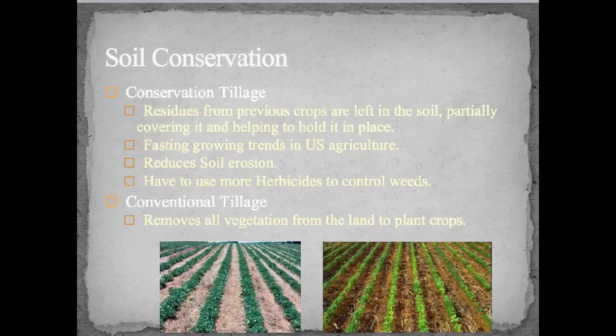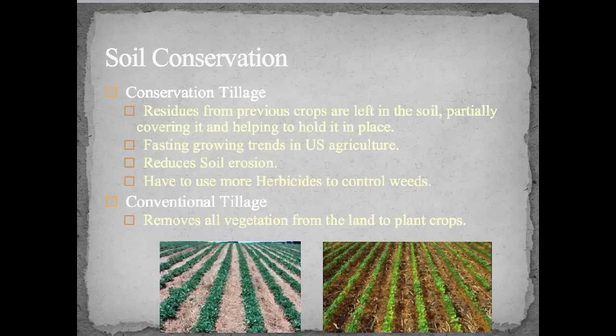So looking closer at conservation tillage, residues from previous crops left in the soil partially cover it and help to keep it in place. It's a fast growing trend in U.S. agriculture. It reduces soil erosion, but you have to use more herbicides to control weeds because of this.